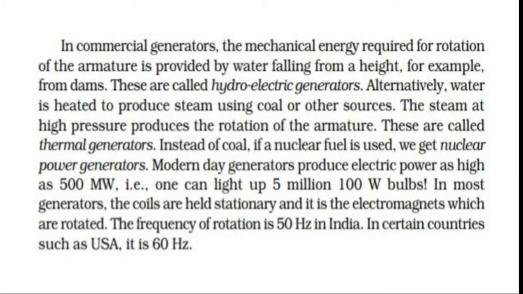Nowadays in most of the generators the coil will be held stationary and the electromagnet will be rotated. That means the armature will be stationary and the field magnet will be rotated. So rotor and stator change. Actually the words rotor and stator we use in the context of a generator.